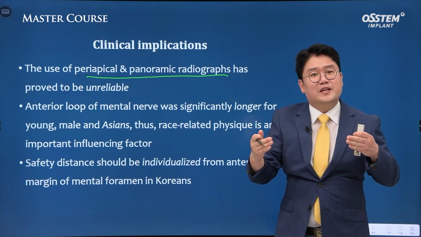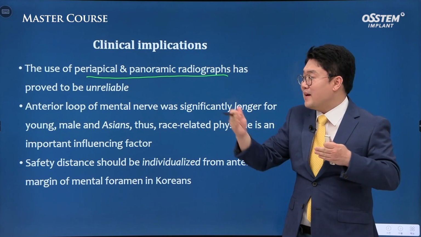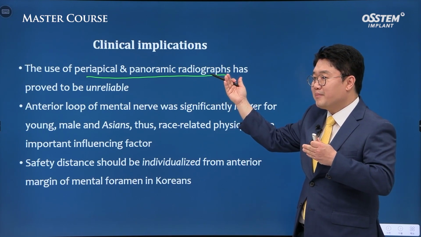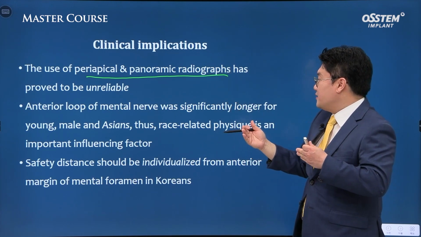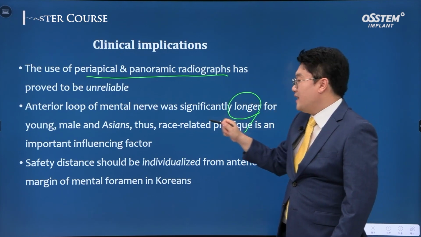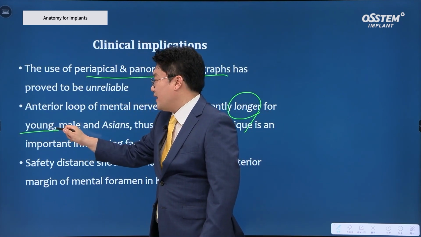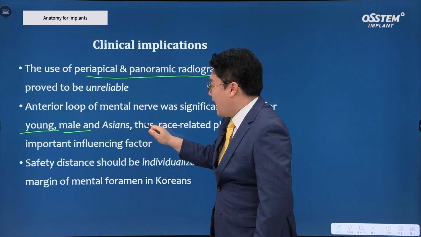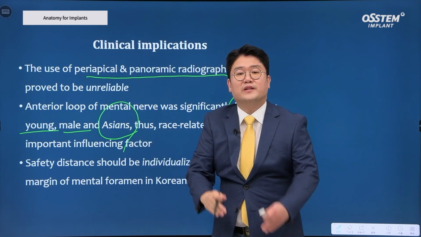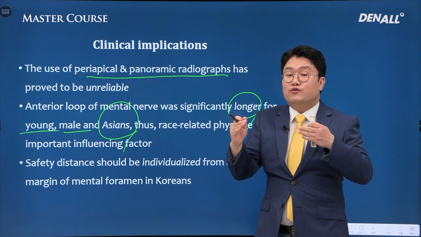The length of the anterior loop shown in periapical or panoramic images tends to be smaller than what is shown in the cadavers. The anterior loop tended to be longer for younger patients or male patients, and especially in Asians. This is the common result.